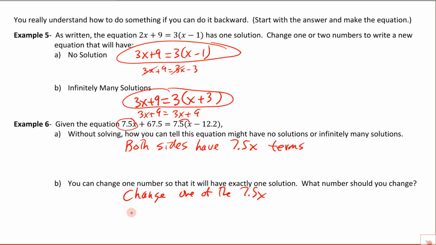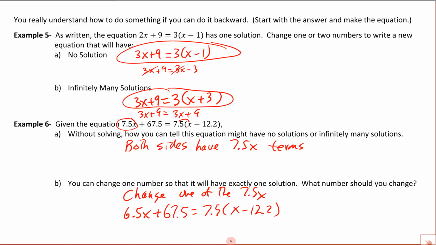So we might do something like this. Let's make this 6.5x plus 67.5 equals 7.5 times x minus 12.2. If you go through and solve that, because this has a 6.5x and this has a 7.5x, we're going to have an x left and we are going to get one solution. You can go ahead and try it.